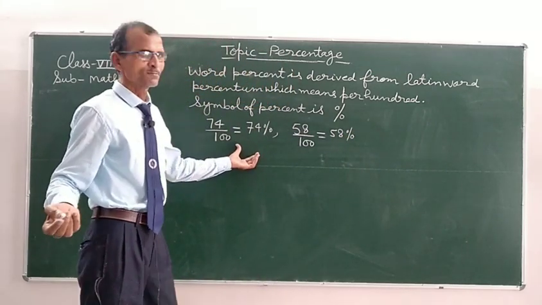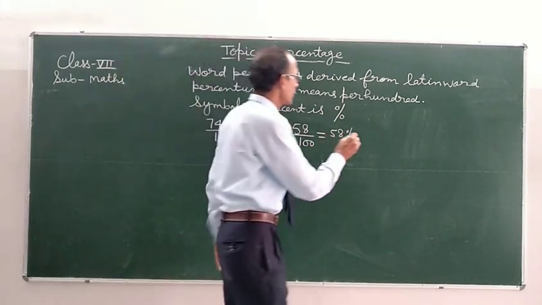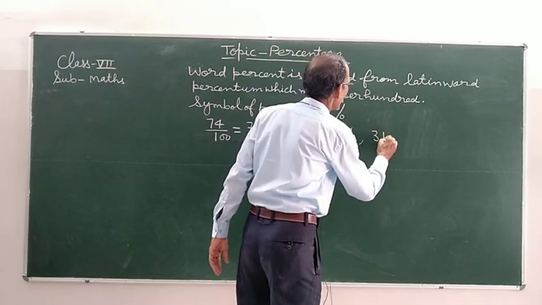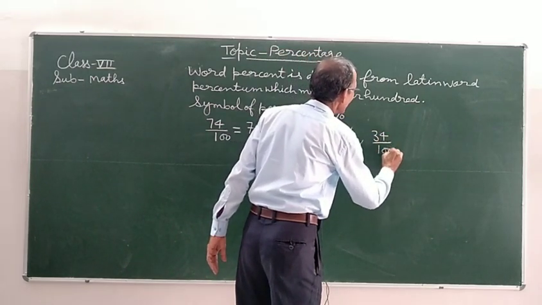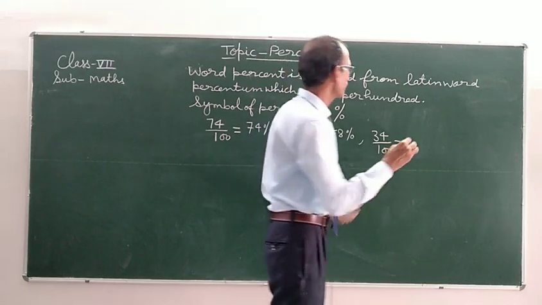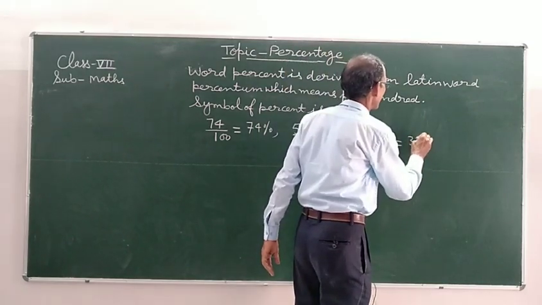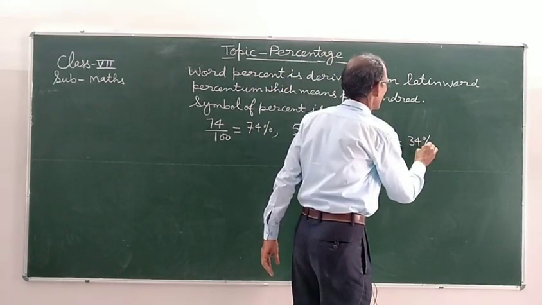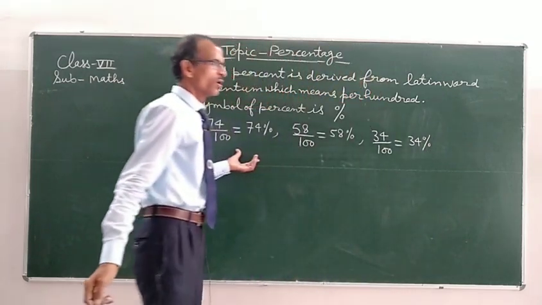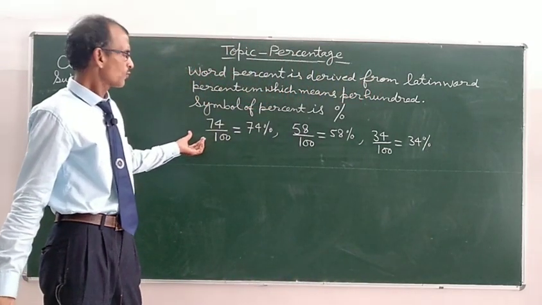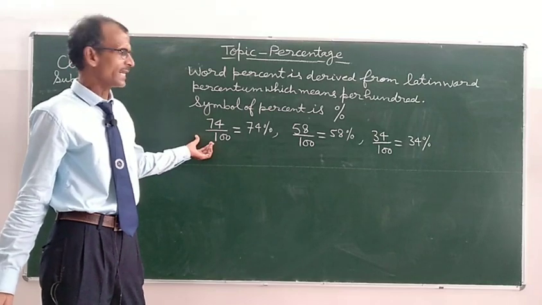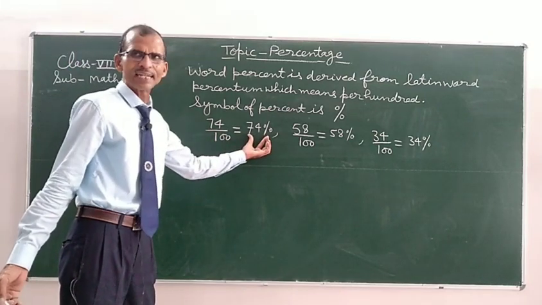The next student scored 34 out of 100, that is equal to 34%. It means when we calculate the value of a quantity out of 100, that is called percentage.